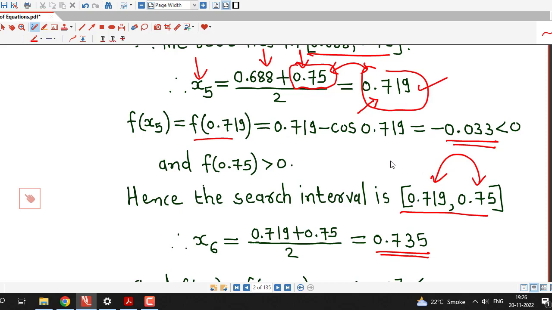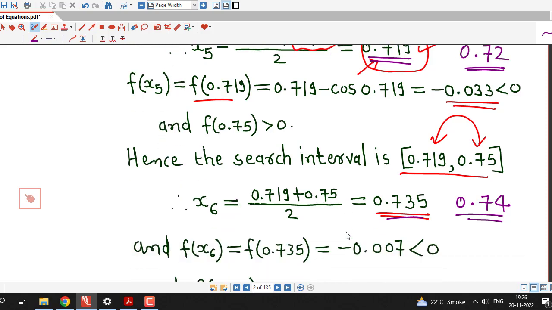And be careful, we have to compare successive iterations every time. We can see this is 0.719, so if we round off up to 2 decimal places, this is 0.72, and if we round off up to 2 decimal places, this turns out to be 0.74. So they do not agree up to 2 decimal places, so I have to search for next approximation also.